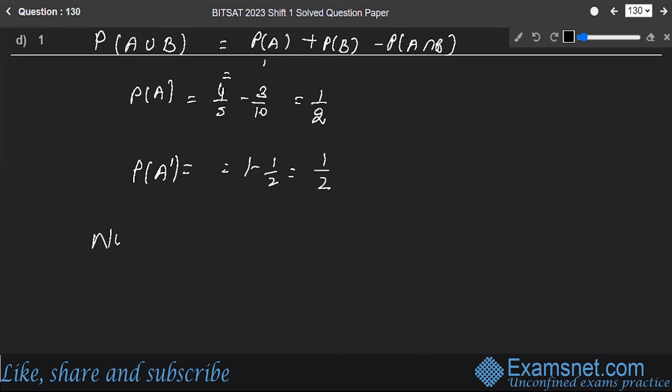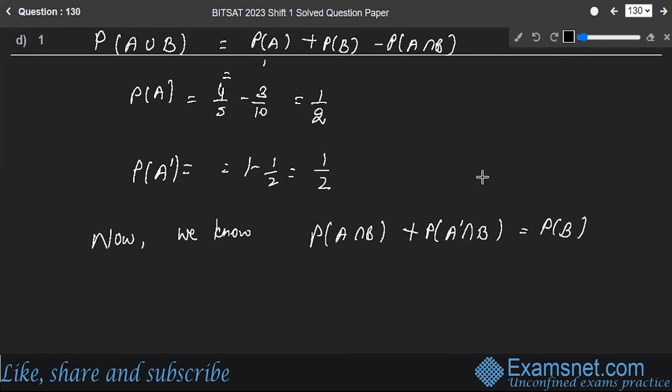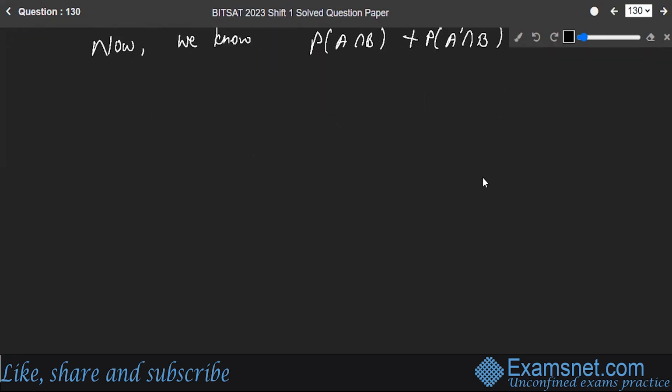Now, we know that probability of A intersection B plus this is nothing but PB, right? See over here, because this and this are mutually exclusive events.